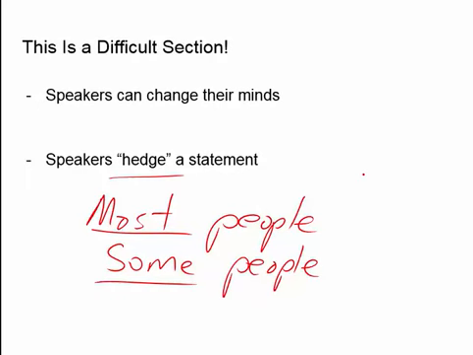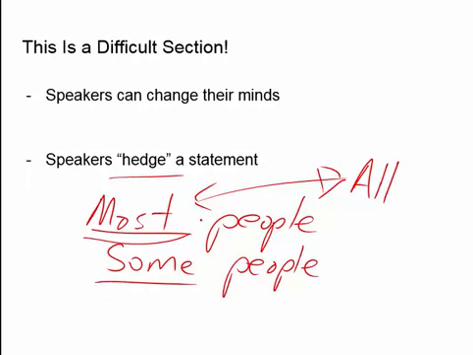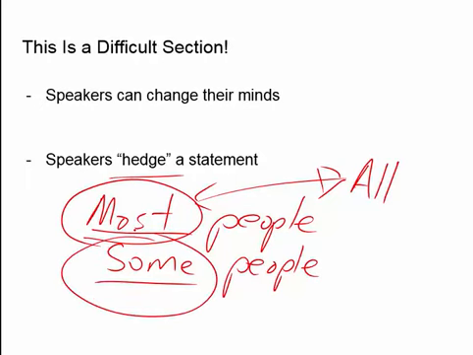When you don't hedge, you say "all" instead of "most." All people believe this. So hedging is where people make a statement that sounds strong, but then they make it weaker by adding most or some people believe this or some people believe that.